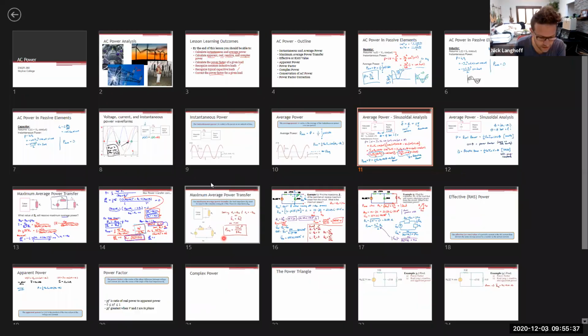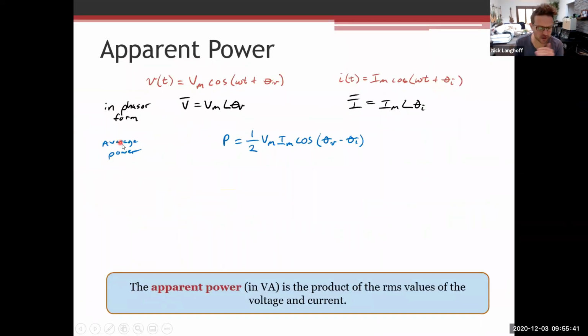Okay, so let's then talk about apparent power. We've discussed that average power, the part we pulled out that's not changing with time, is 1/2 times the peak voltage and current product times the cosine of the angle between them.